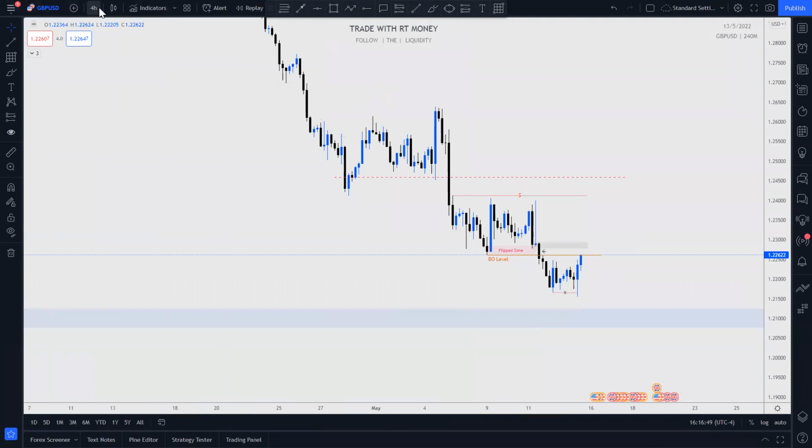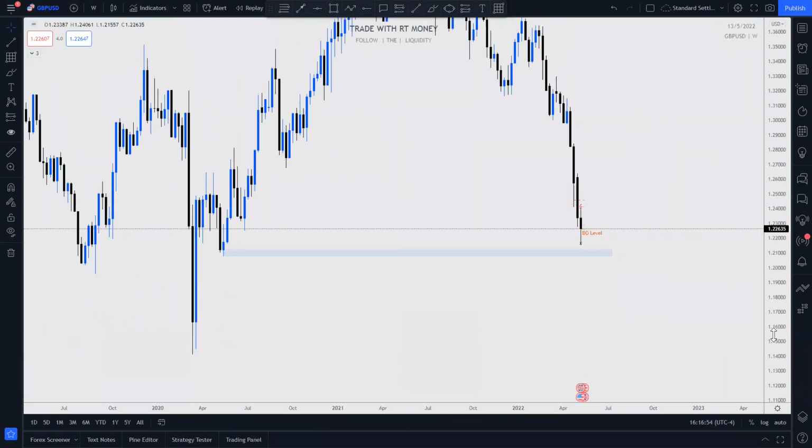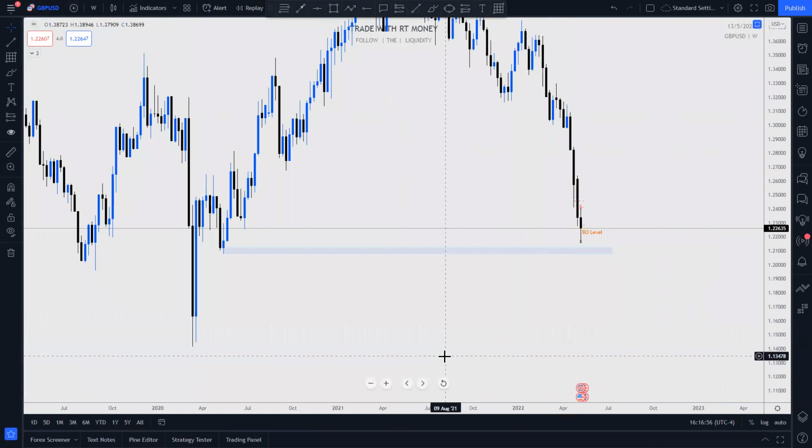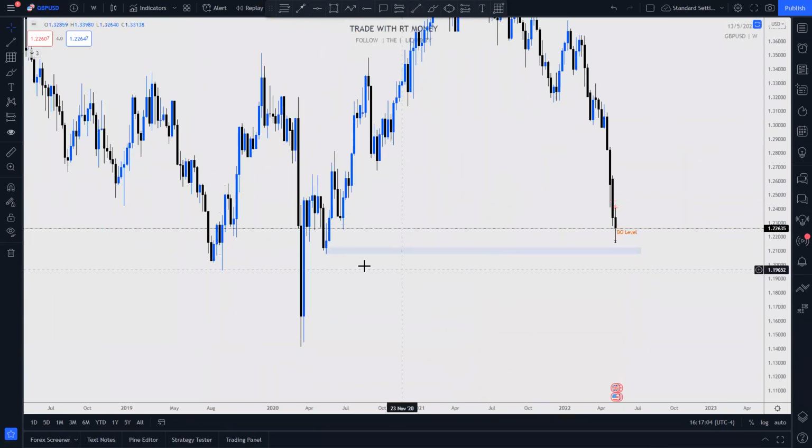All right, if we look at the weekly, what am I looking for on the weekly? Really important lows that were broken. All right, multi-year lows. That's what I'm looking at right now. Price is getting ready to find, I mean, really, it has already found it. If I was going to mark this zone, I would mark it here, right?